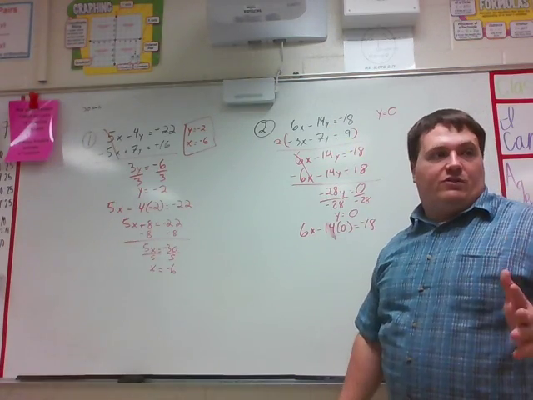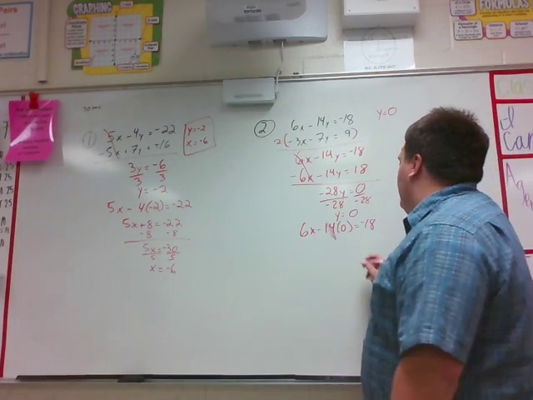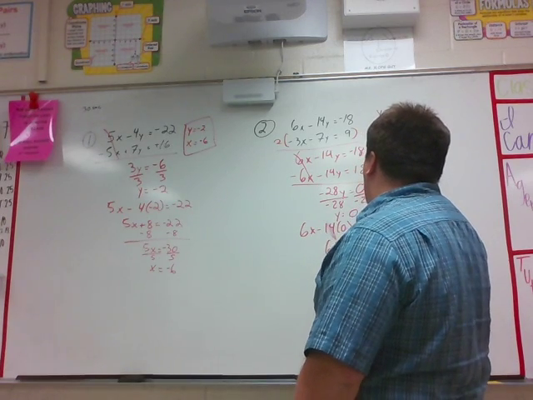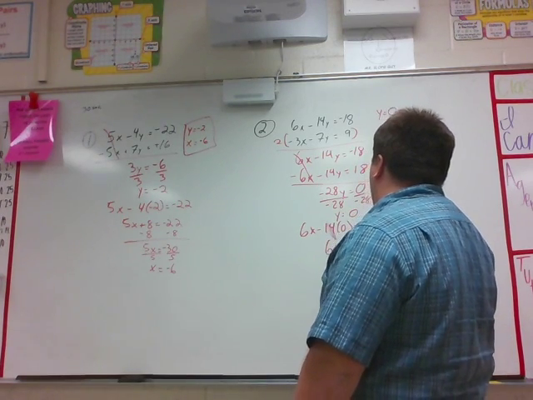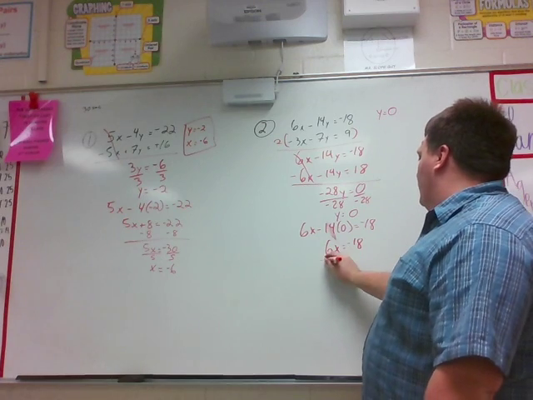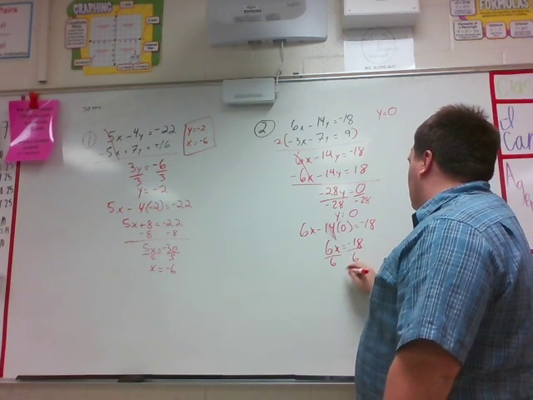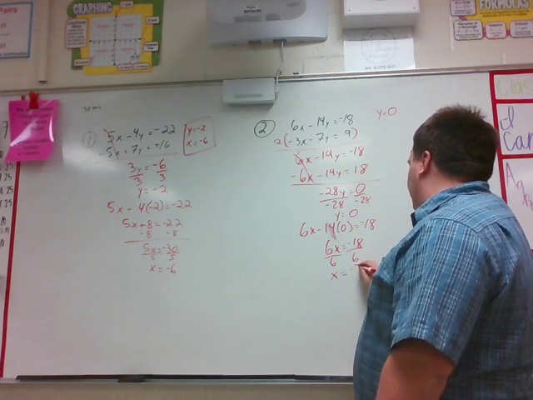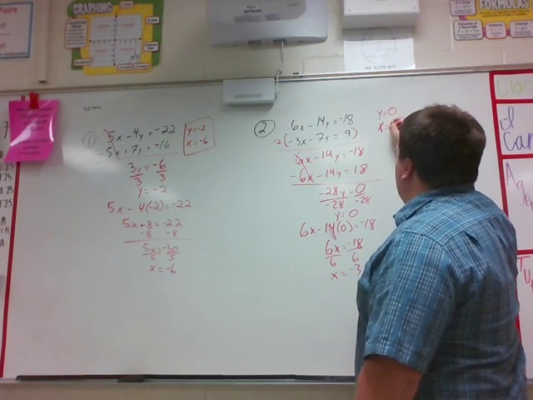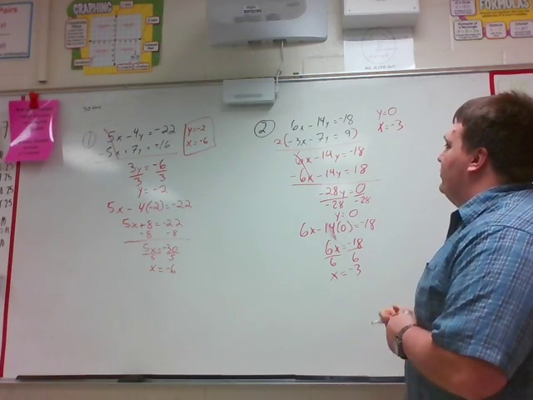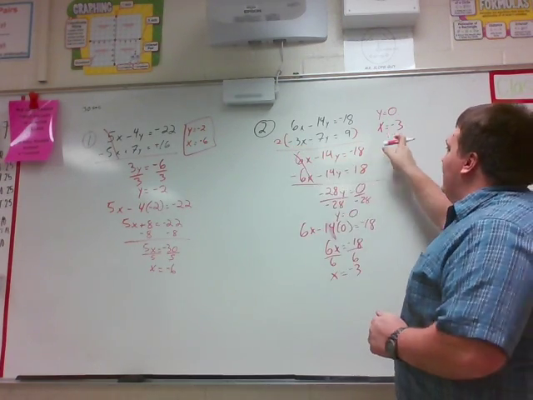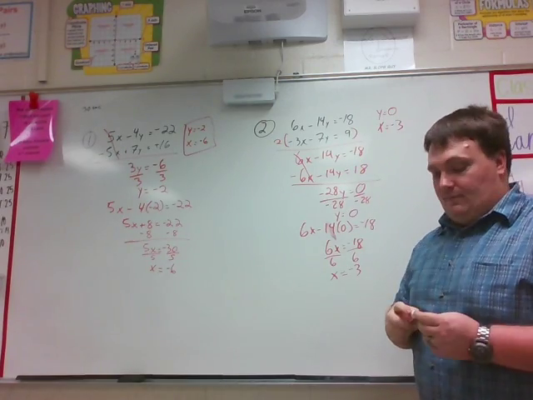From here, what you want to do is multiply by 0. You have 6x equals negative 18, because that cancels out. Divide by 6. X equals negative 3. If you want to check this quickly, negative 3 times negative 3 is a positive 9.